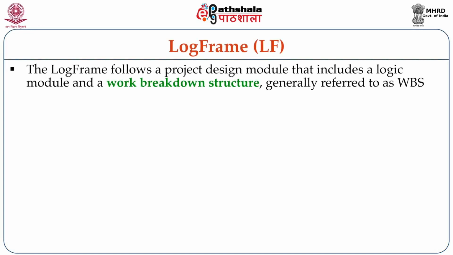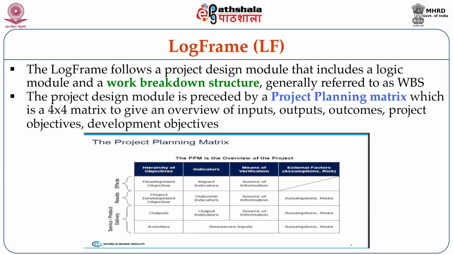It follows a project design module that includes a logic model and a work breakdown structure, generally referred to as WBS. The project design module is preceded by a project planning matrix, which is a 4x4 matrix to give an overview of inputs, outputs, outcomes, project objectives and development objectives.